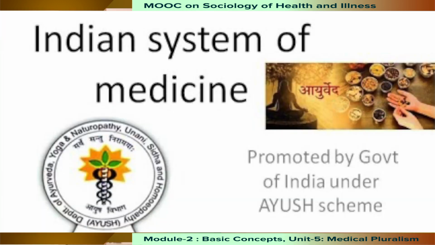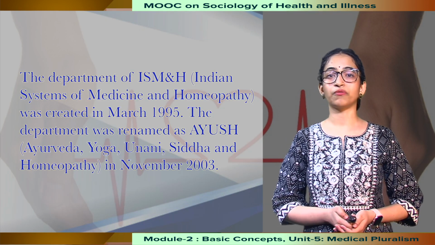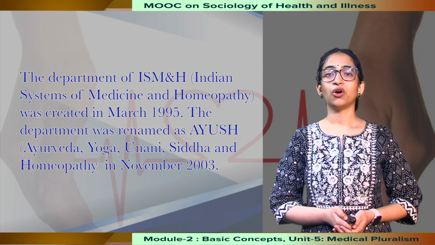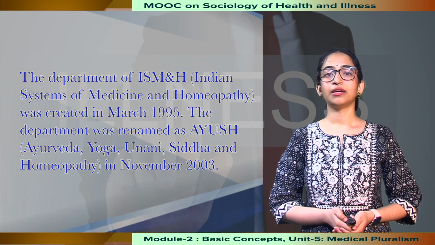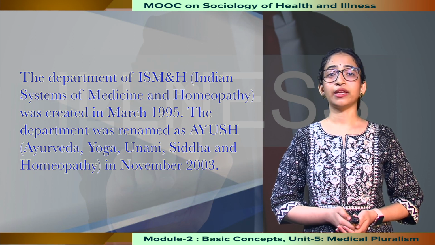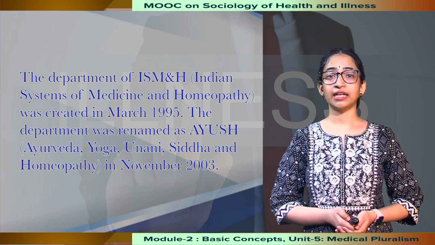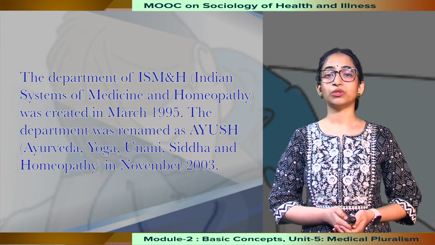For instance, the Department of ISM&H, which is also known as Indian Systems of Medicine and Homeopathy, was created in March 1995. The department was renamed as Ayush, Ayurveda, Yoga, Unani, Siddha and Homeopathy in November 2003.